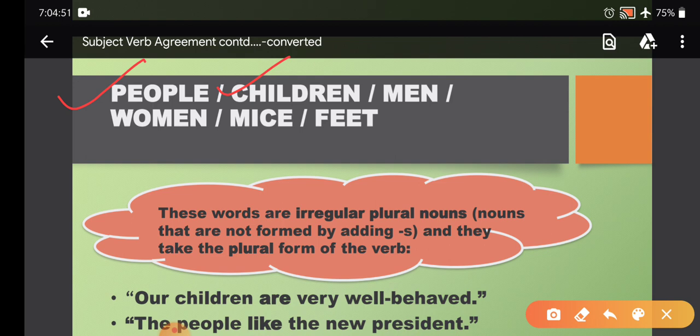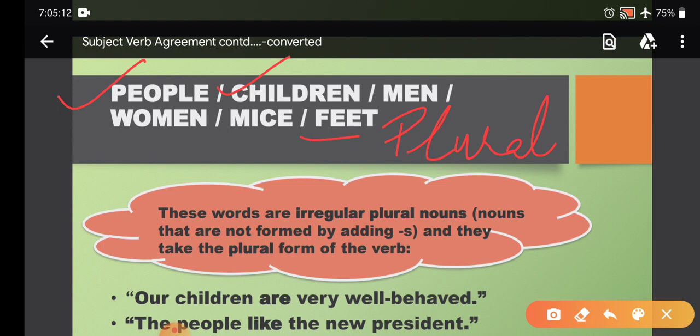These words you err at sometimes. So the irregular plural nouns are not formed by adding s, and they take the plural form of the verb simply because these words are themselves plural.